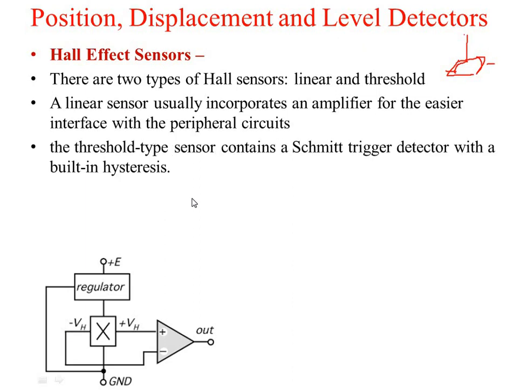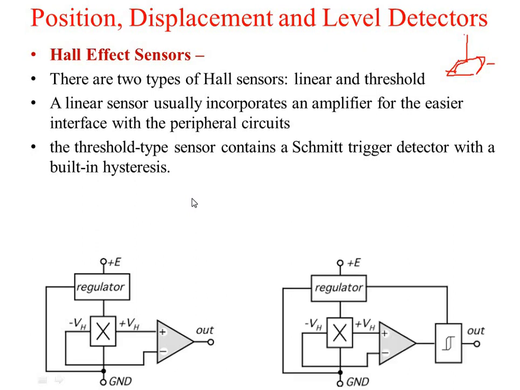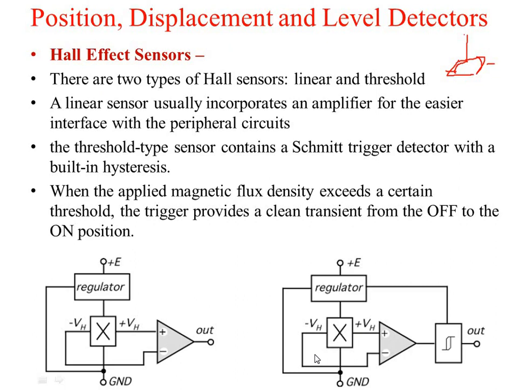The threshold type of sensor uses a Schmitt trigger with built-in hysteresis. Here the output of the hysteresis is going to check whether the output is in the range or not. When you apply a magnetic flux density that exceeds a certain threshold, that is going to trigger a clean transition from off position to on position.